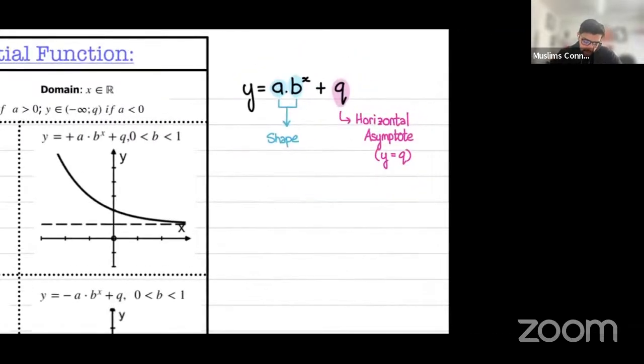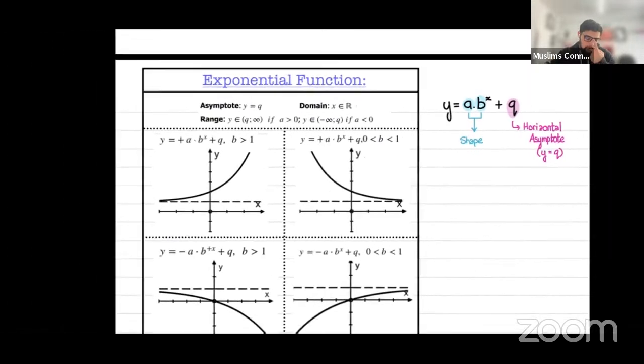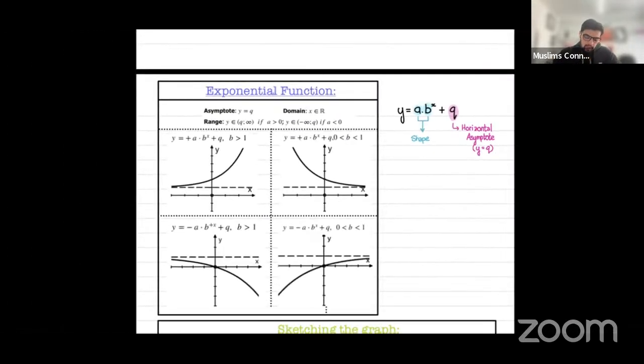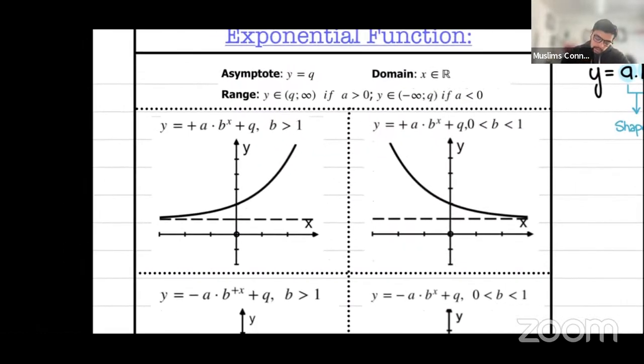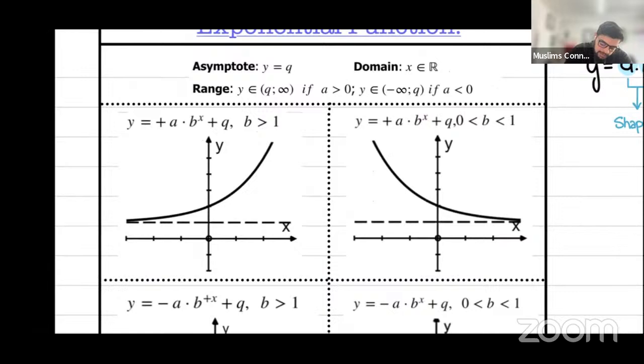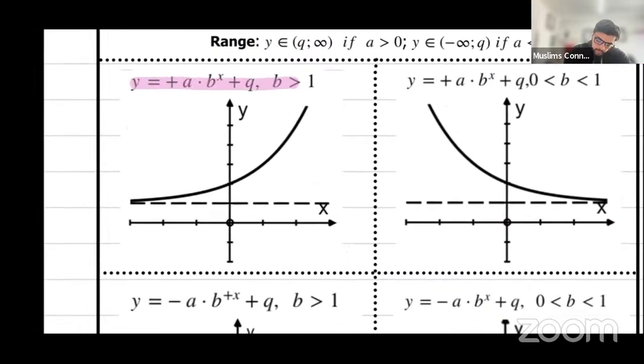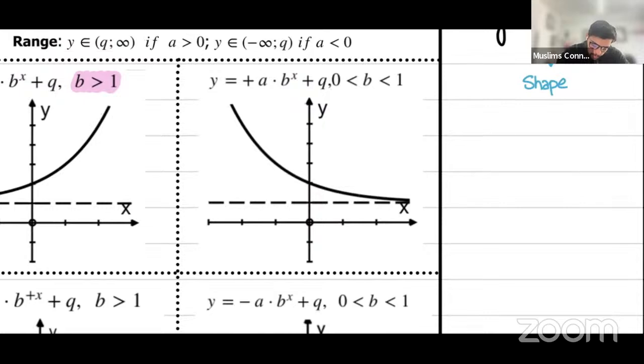Now this is the equation. Let's have a look at what the diagrams look like. We have multiple options. Here we have when a is positive and b is greater than 1. And here we have when a is positive and b is between 0 and 1.